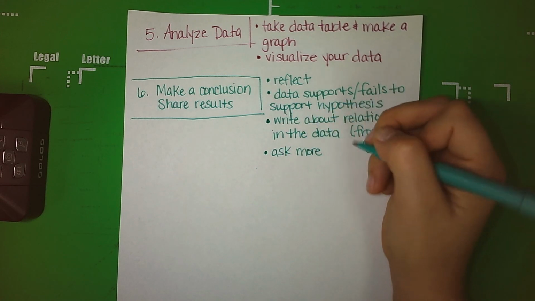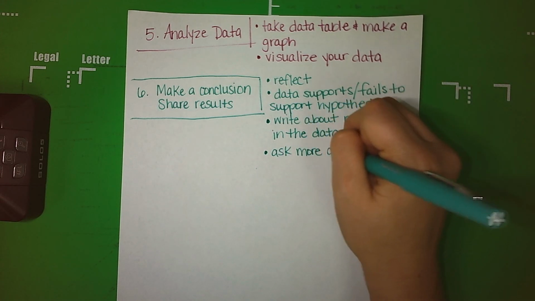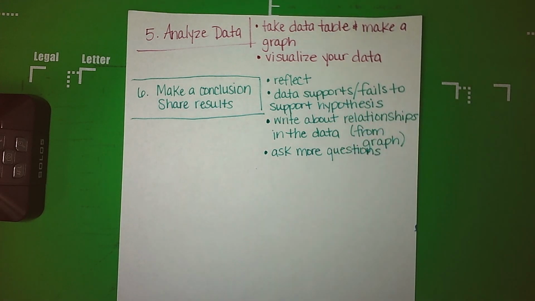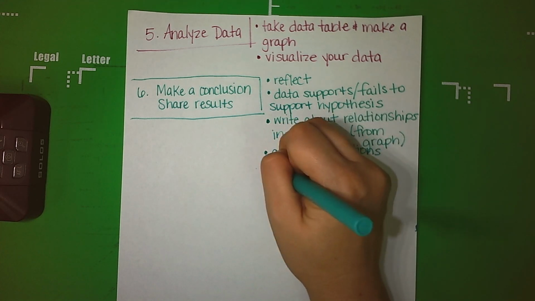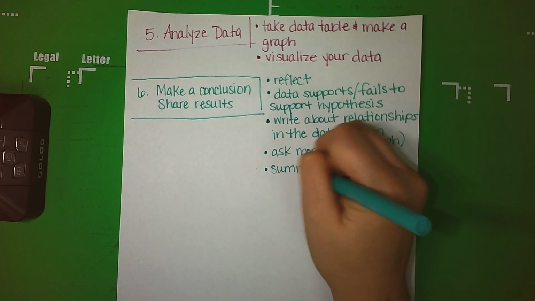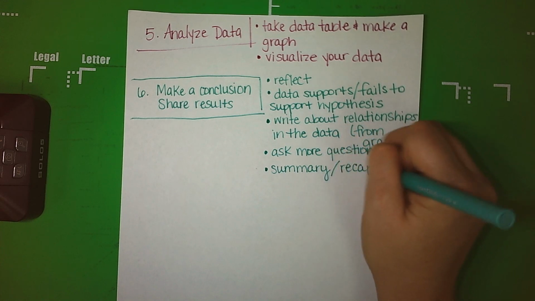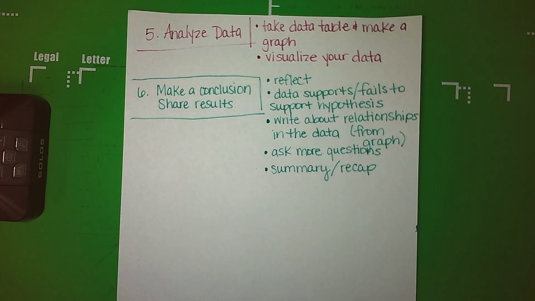Most experiments are going to lead to another experiment. Okay, so your conclusion kind of ties it all together. It's also like your summary. Okay, it's like a recap. All right, and that is it for the scientific method.